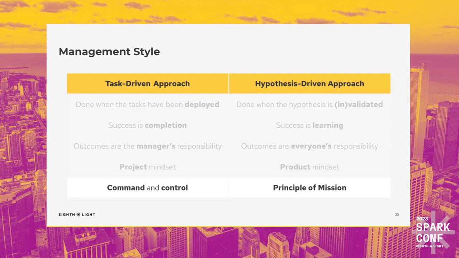On the right, we've got the principle of mission, which is adapted from military strategy, where you are explicit about the mission and why it's important and empower folks to make decisions about their actions based on the context that they have. In software, teams flourish when we enable folks to pursue expertise, communicate the purpose behind the work, the intent, and grant them the autonomy to determine how the work is done.